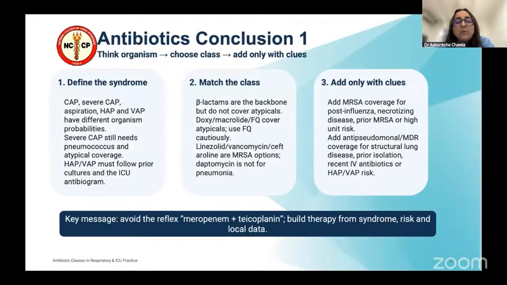So, to conclude about the antibiotics, define the syndrome, match the class of antibiotics, and add MRSA and anti-pseudomonal cover when there are clinical clues, or when your patient is presenting or has a higher risk of these infections. Don't have the regular ICU reflex of adding meropenem and teicoplanin for every patient. Don't do that. Build therapy from syndrome, risk, and local data.